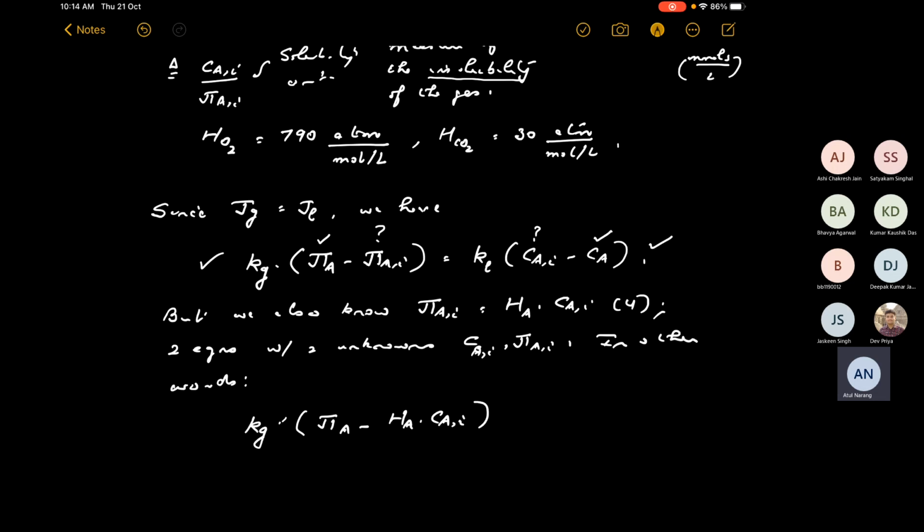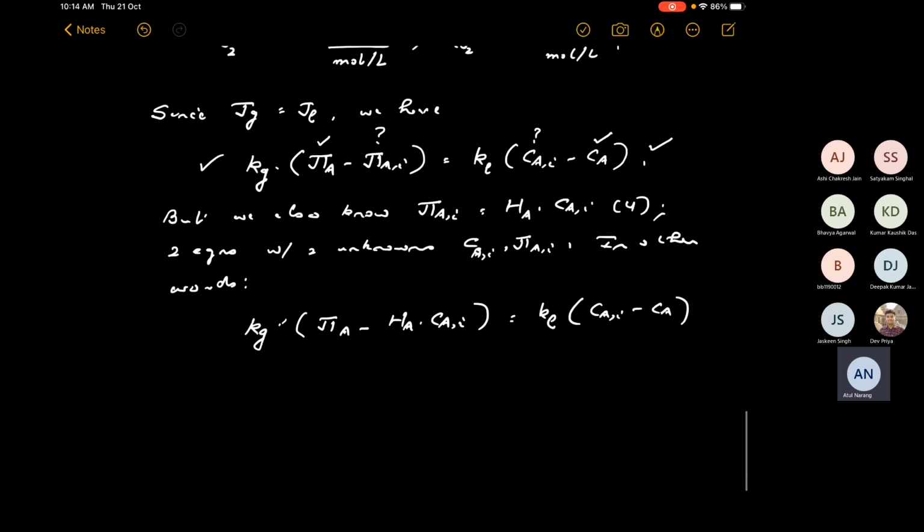So I'm replacing pi AI by HA CAI. That is equal to KL multiplied by CAI minus CA. So now I have one equation in one unknown CAI. You can solve for CAI, and I will not go through the algebra. I'll simply say the final result.